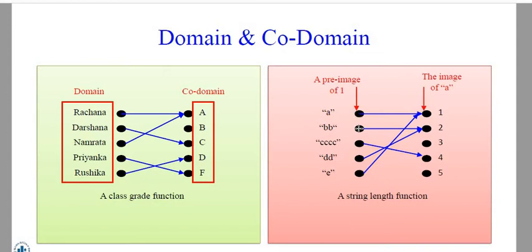For B here we have E. So the number of characters is counted here, right? So that is what we call a string length function.